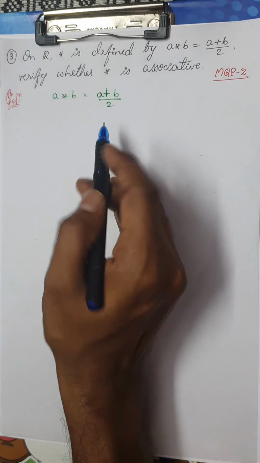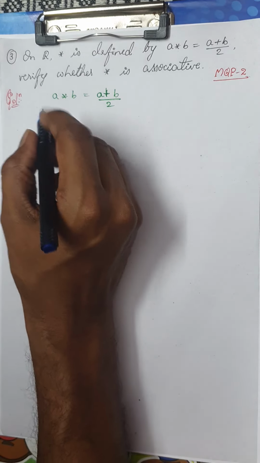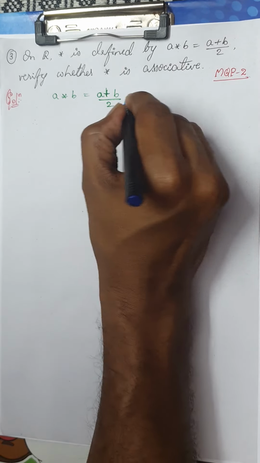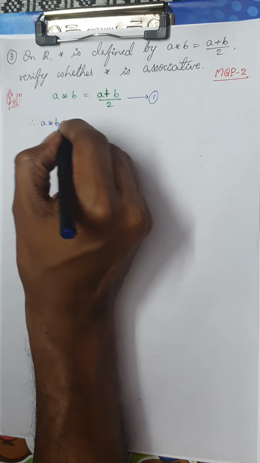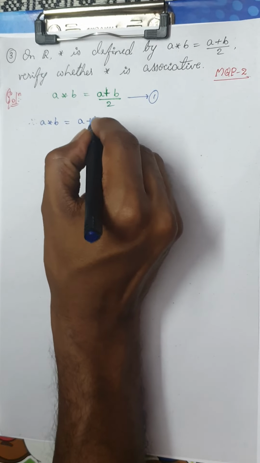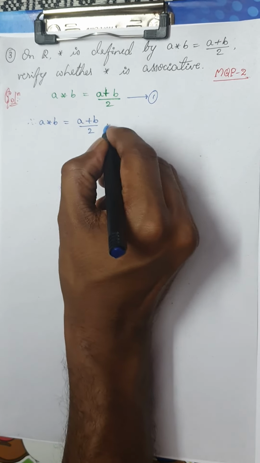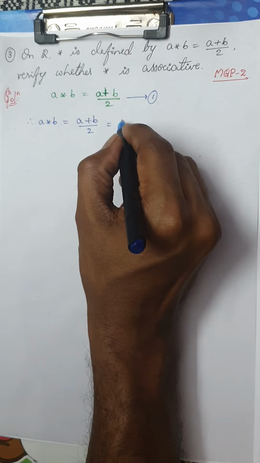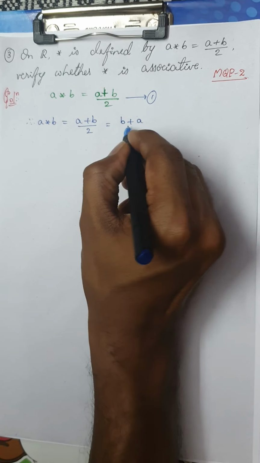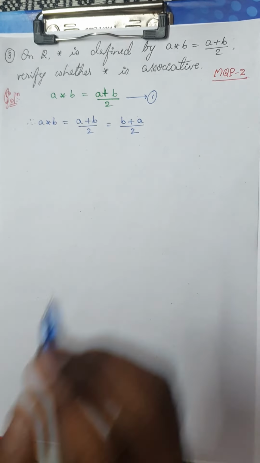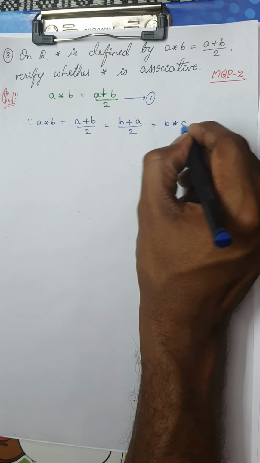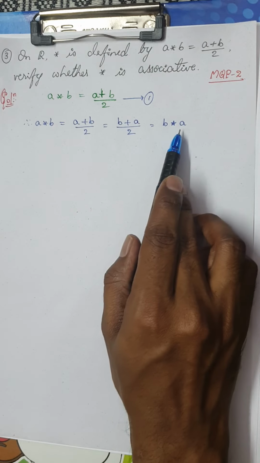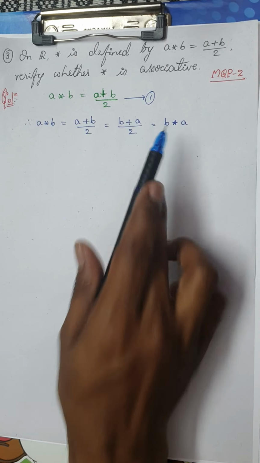Okay, this operation is definitely commutative. First of all, to check commutative, let me take it as equation 1. A star B is actually nothing but A plus B by 2, isn't it? That is how it is defined. Now A plus B can be replaced by B plus A, because addition is commutative, and this will be actually nothing but B star A. Again, I am telling you, you have to do this only if he asks you to prove commutative.